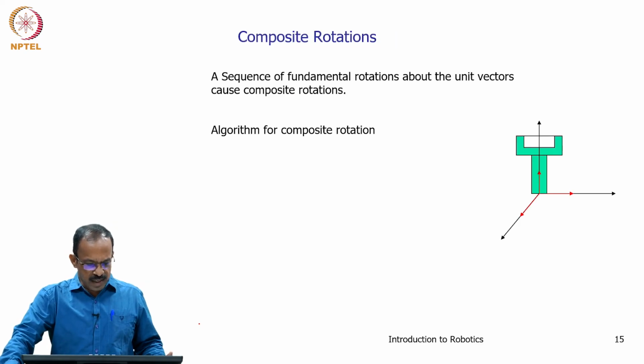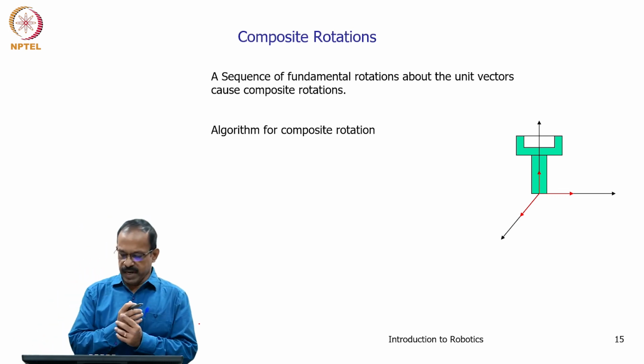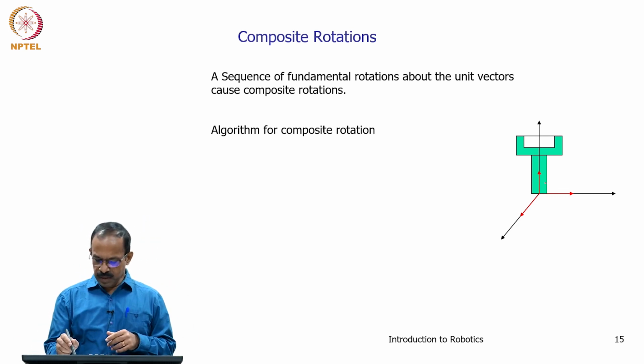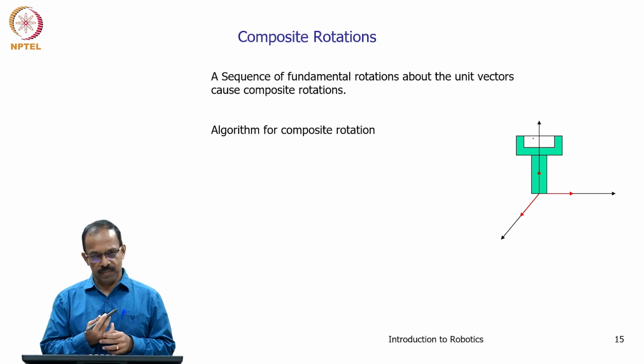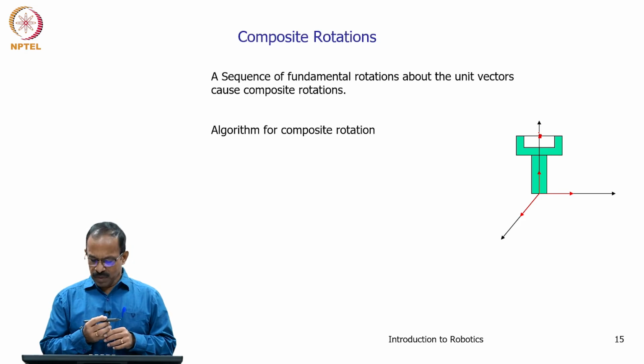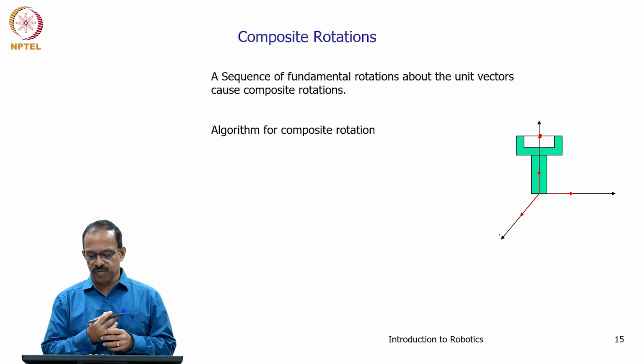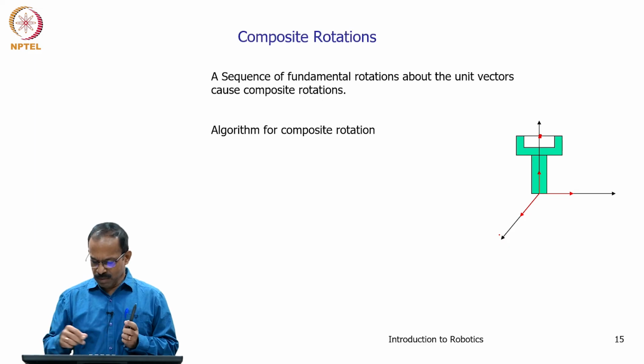Now, suppose you want to get the composite rotations. Suppose you have multiple rotations taking place. Suppose this is an object and you have a point P here. The black one is the fixed frame and the red one is the mobile frame.